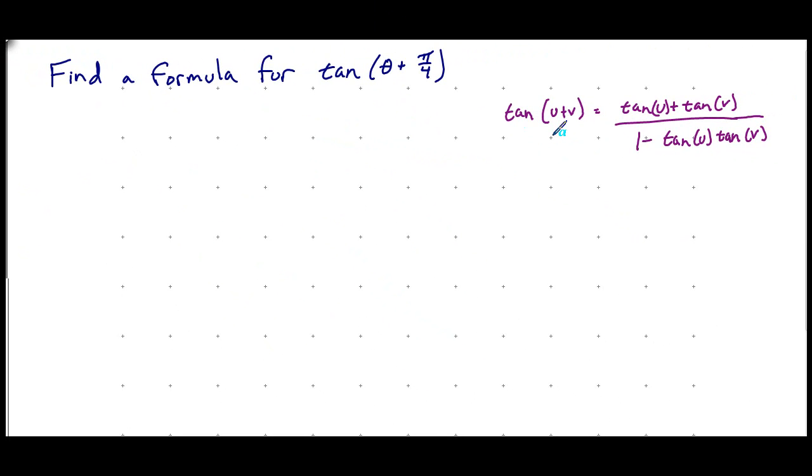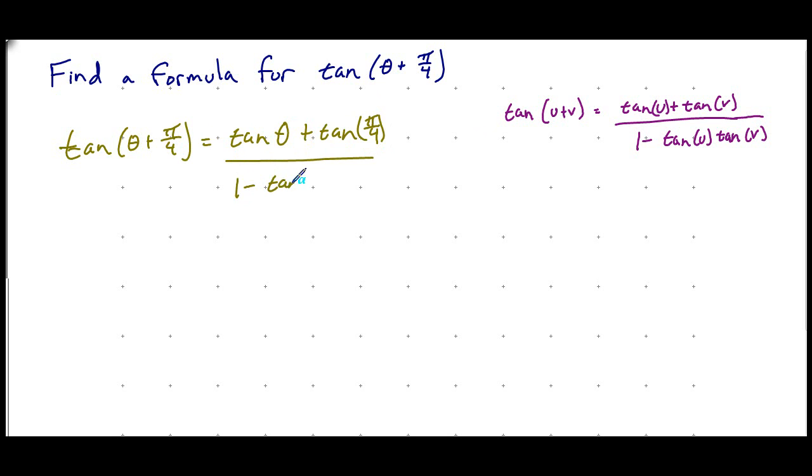Using my tangent addition formula, the tangent of theta plus pi over 4 is going to equal the tangent of theta plus the tangent of pi over 4, all over 1 minus the tangent of theta times the tangent of pi over 4.